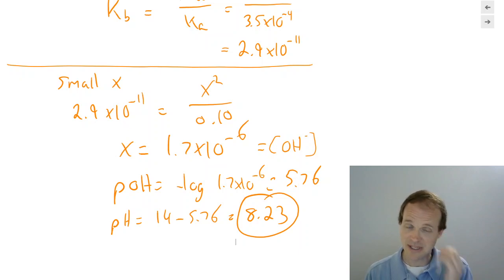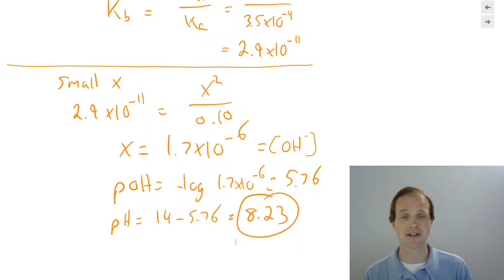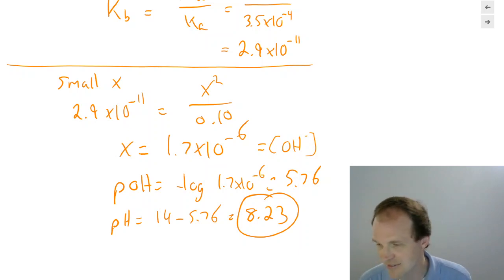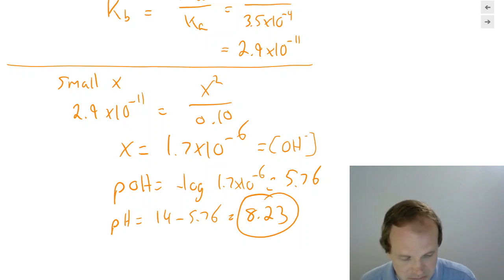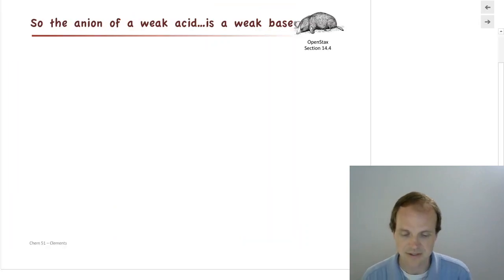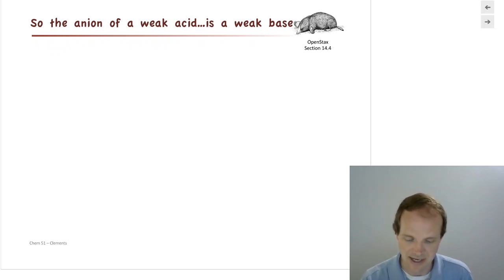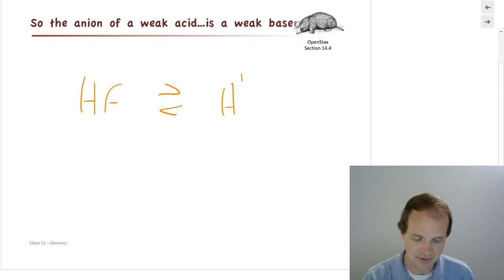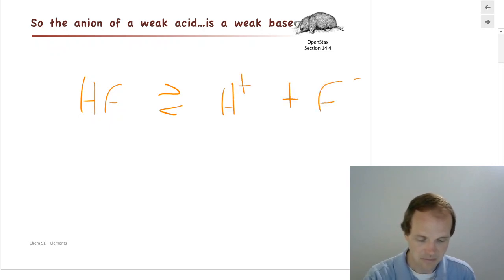So it's interesting. Even sometimes when there's not an obvious acid or an obvious base around, we can change the pH of solutions, which is kind of neat. So what did we find? We found that the anion of a weak acid, our HF, when it dissociated, produced H plus and F minus.